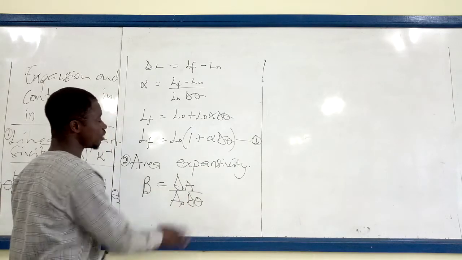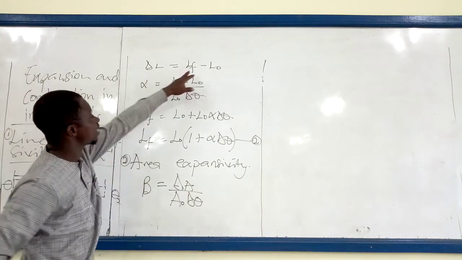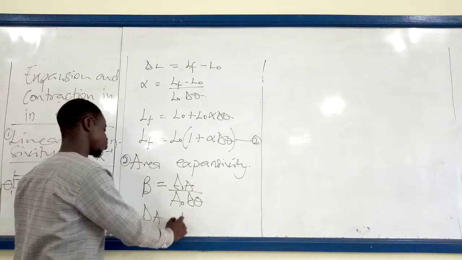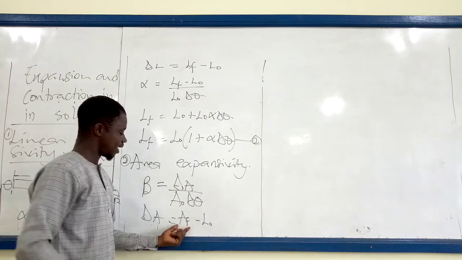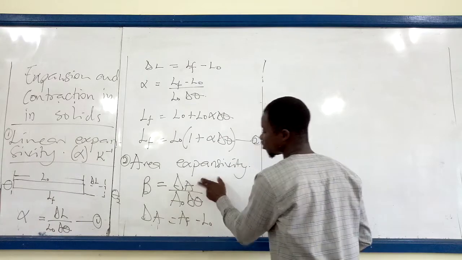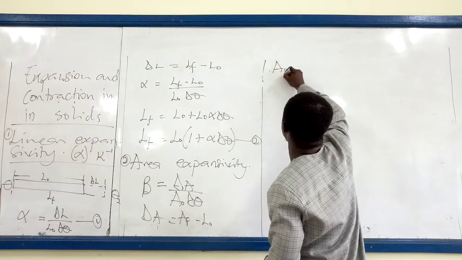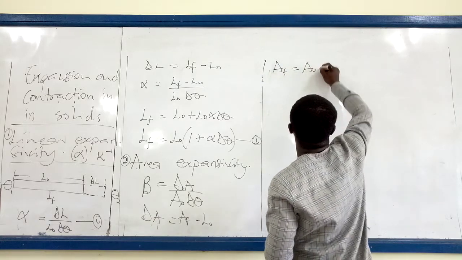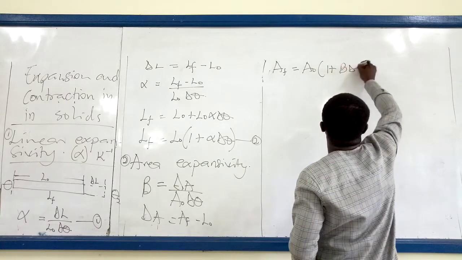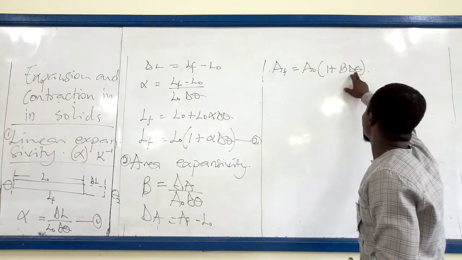Okay, so in the same way, if we write the change in area as the final area minus the initial area, delta A is equal to AF minus A0, where AF is the final area and A0 is the initial area, and we put it back into this equation and solve for AF, we will get AF is equal to A0 into bracket 1 plus beta delta theta.